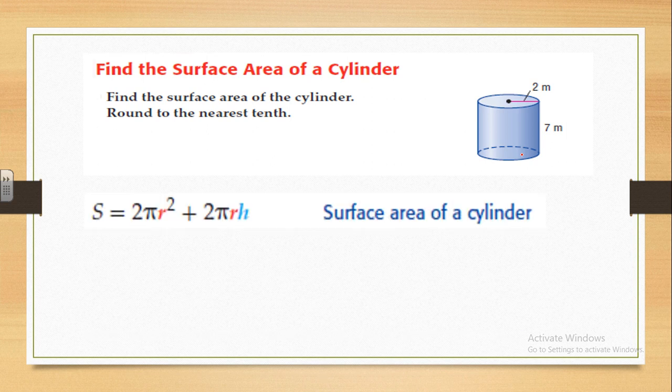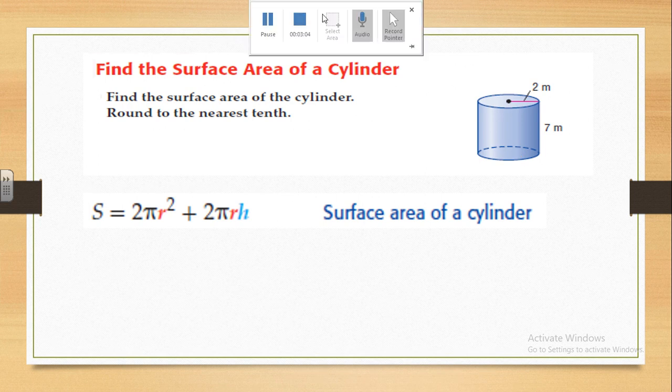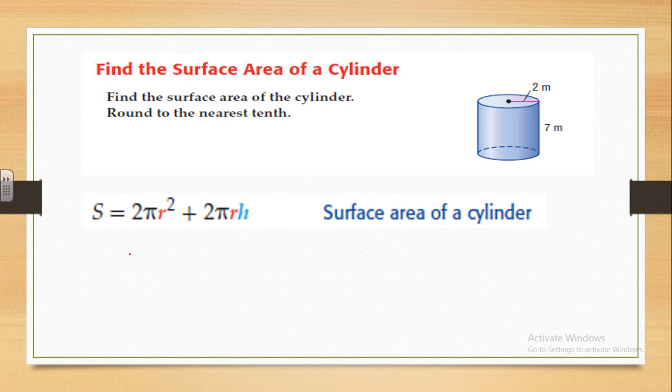The surface area of a cylinder equals 2 pi r power 2 plus 2 pi r h. Okay, so let's put the numbers. The radius here is 2, so that will be 2 pi 2 power 2 plus 2 pi, the r is 2 and the height is 7.